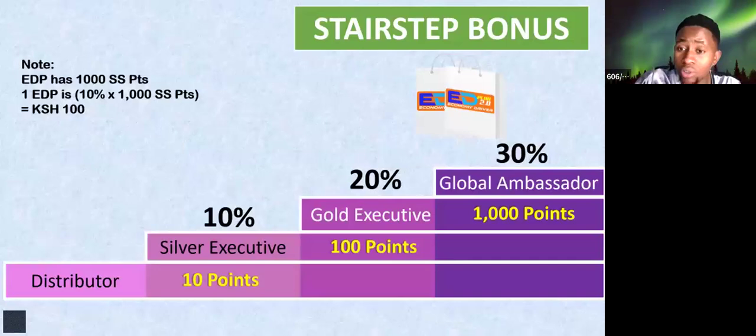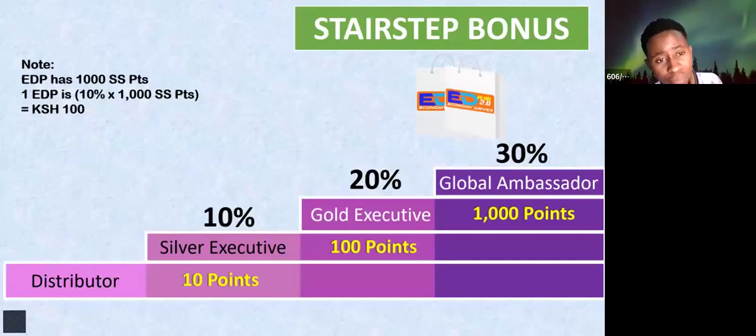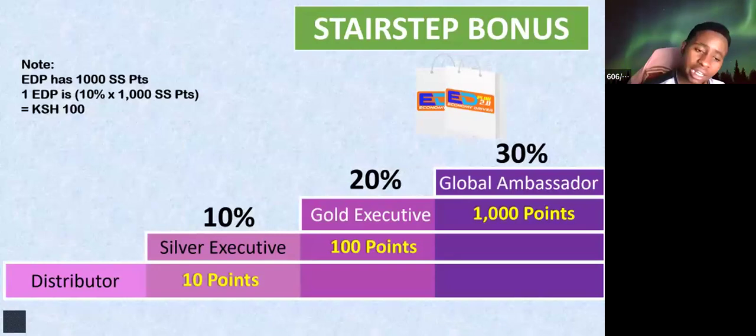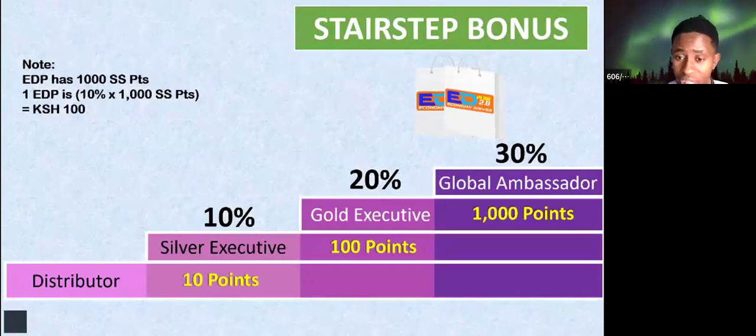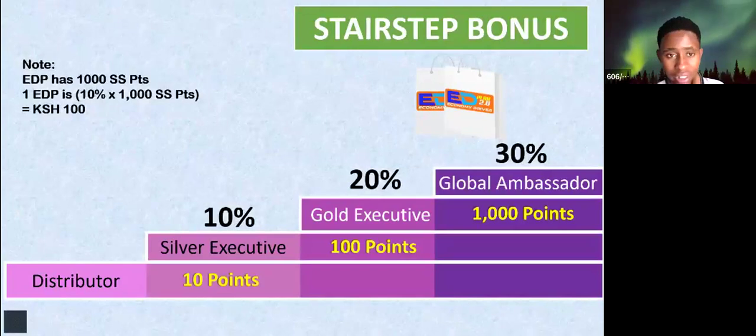I want you to note that when I was explaining the different packages, I told you that different packages have different stairstep points. Do you remember me talking about stairstep points? An EdPlan 2.0 package, a Neoverse package, has 1,000 points. A Technoverse package has 3,000 points. A Digiverse package has 7,000 points.